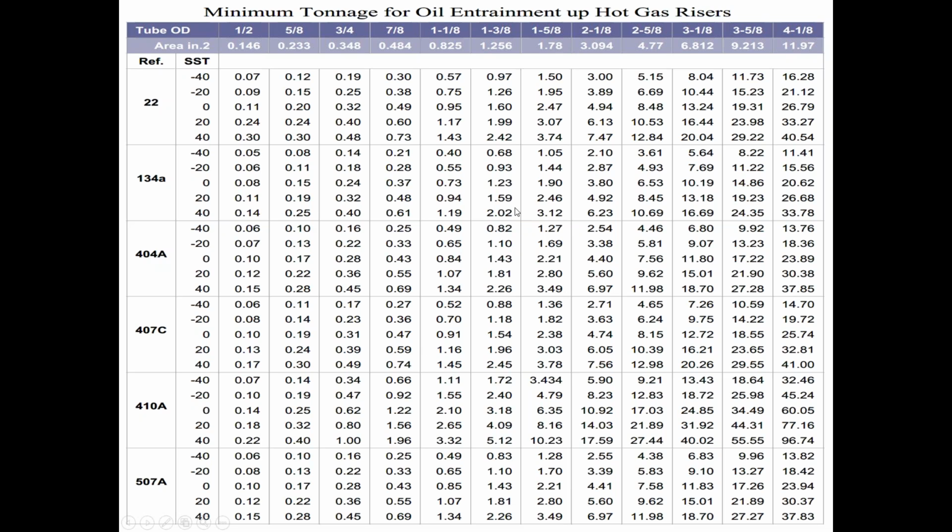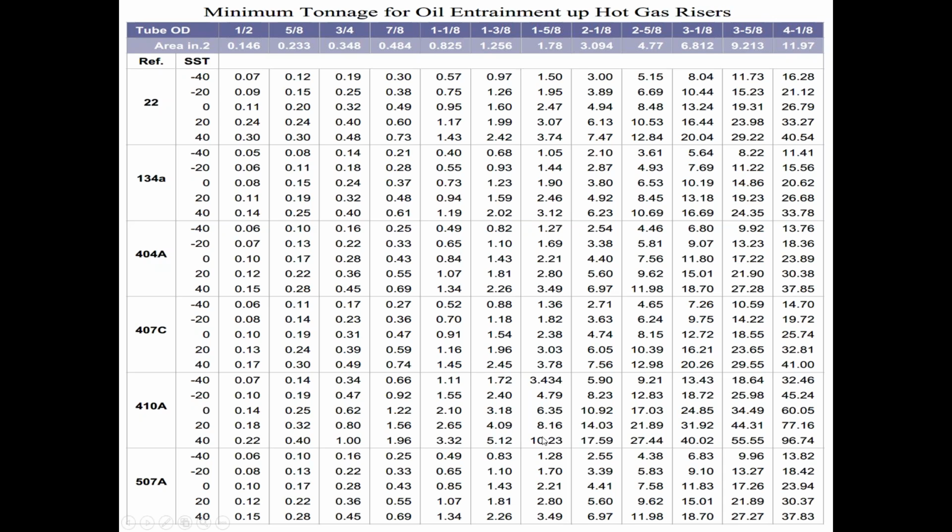Remember I showed you the one for minimum tonnage for oil entrainment in a suction riser. This is for a hot gas riser. It works the same way. R-410A, 40-degree evaporator, 1-5/8 inch pipe. Come down here. I need a minimum of 10.23 tons in order to entrain the oil up a hot gas riser.